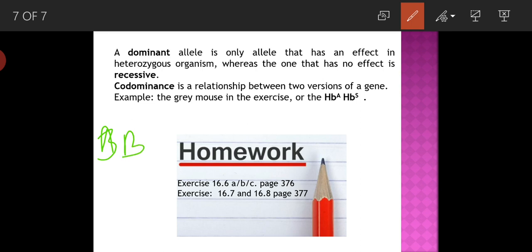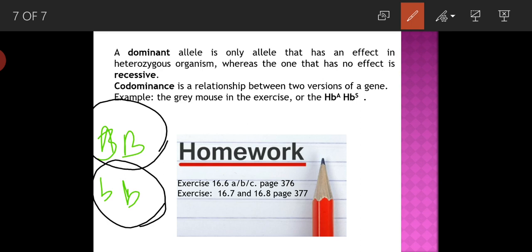These are said to be dominant over the small letters, two small b's, b for the brown color, and these are known as recessive. Two large B's are known as homozygous dominant. And if there is a large letter and a small letter, these are known as heterozygous.